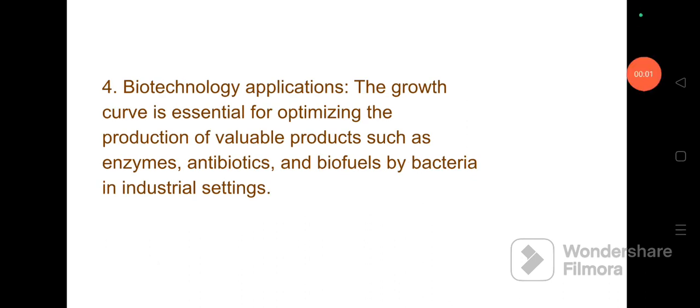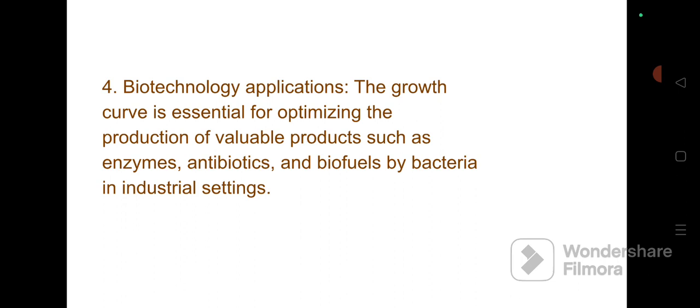Phases of growth curves give you an idea about at what point the metabolites or fermentation products are produced. Primary metabolites like amino acids, sugars, and enzymes are produced in greater amounts in the exponential phase.